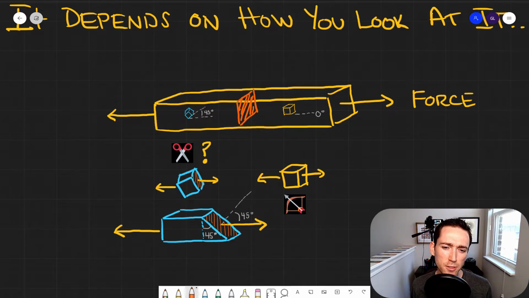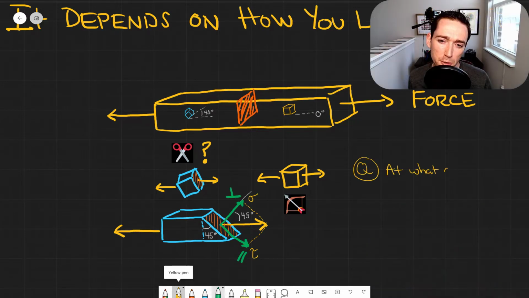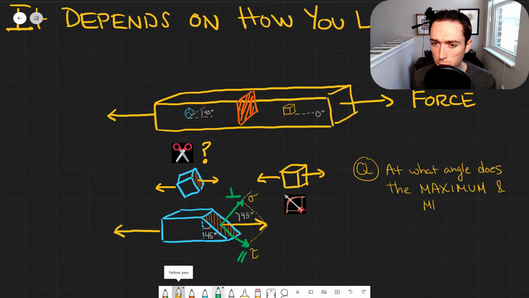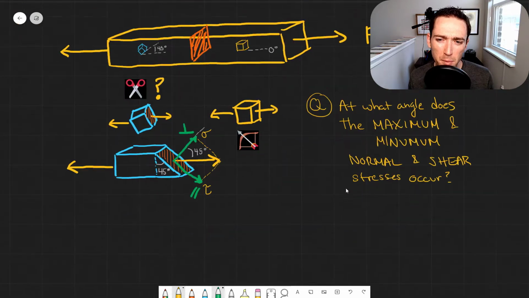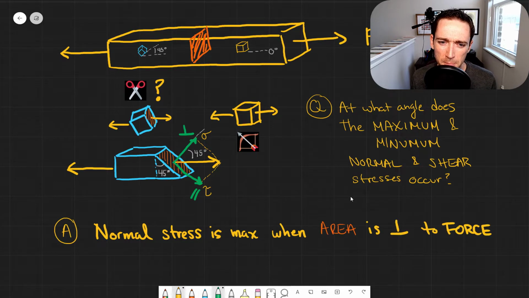Let's also recall some vector mathematics, and let's recall equal and opposite from Newton's third law. Inside forces, perpendicular and parallel, add up to the outside force applied. So at what angle the minimum and maximum normal and shear stresses occur is really important to think about here.